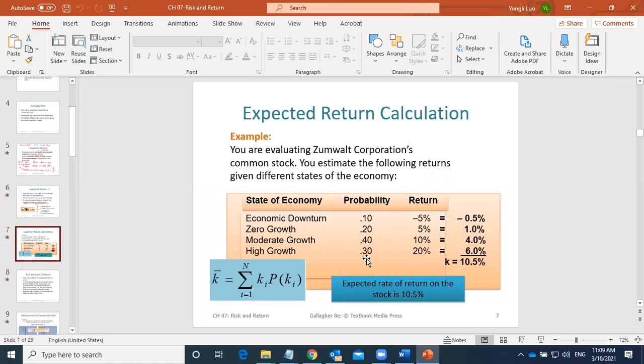Then you cover all the situations. You don't want something not covered. The returns are negative 5%, 5%, 10%, or 20%. So your expected return is the probability times that return, summed up.